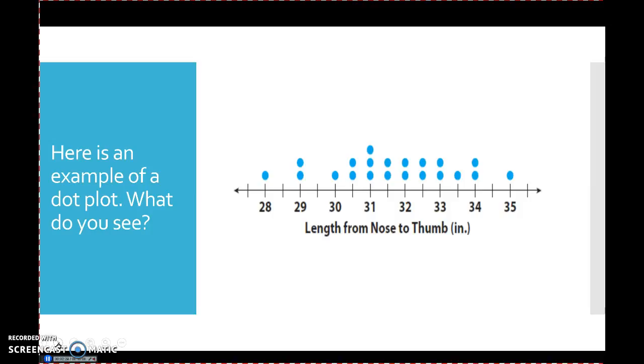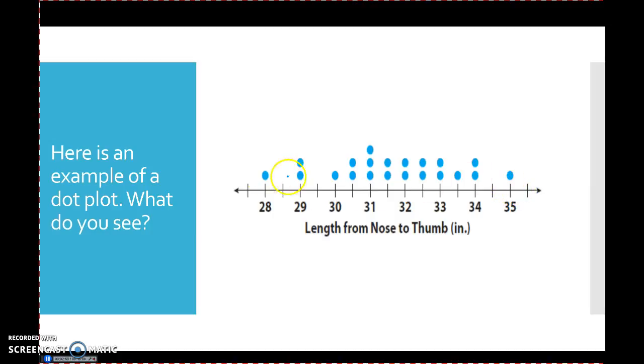Okay, so let's go ahead and take a look at this graph. So what do you see? Of course, we see dots. I know that is the most popular response. But some of the things that you want to consider when looking at it is to notice that the graph goes from 28 to 35.